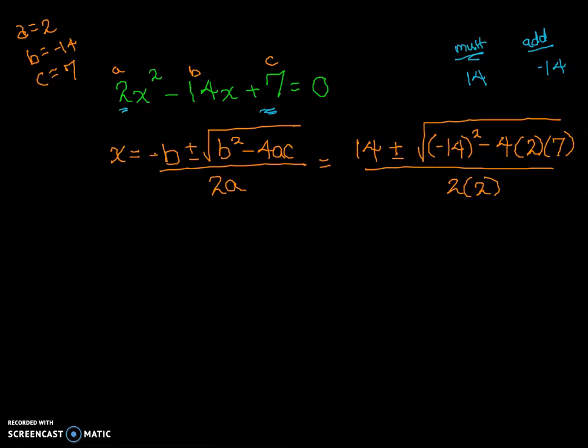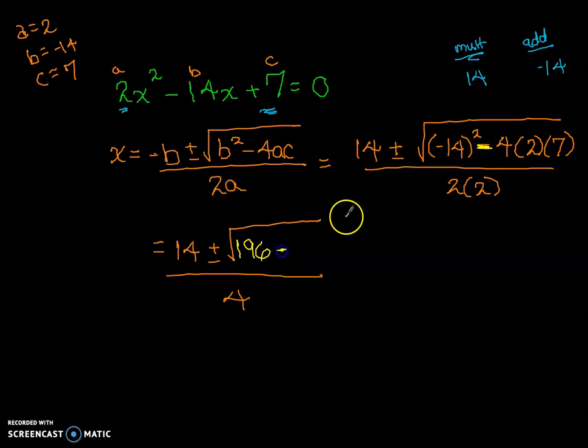Usually when I use the quadratic formula, I just like to focus on the square root first, meaning everything else just comes right down. So inside of the square root, I have negative 14 squared, but remember, put it in parentheses because when you square a negative, it should always be positive: 196. I always drop down the minus sign and then just multiply 4 times 2 times 7.